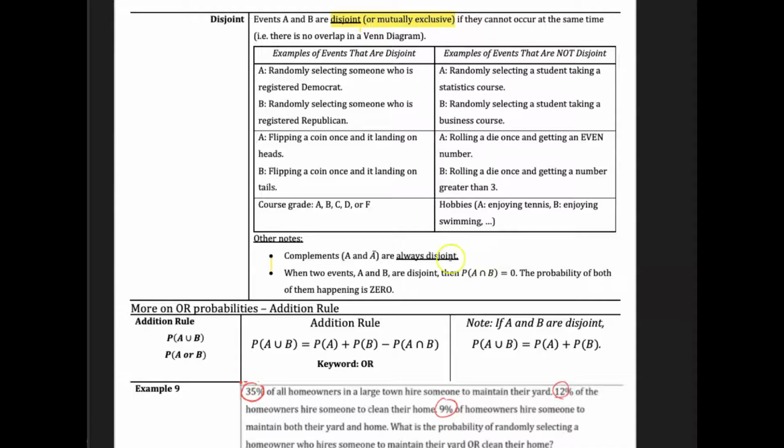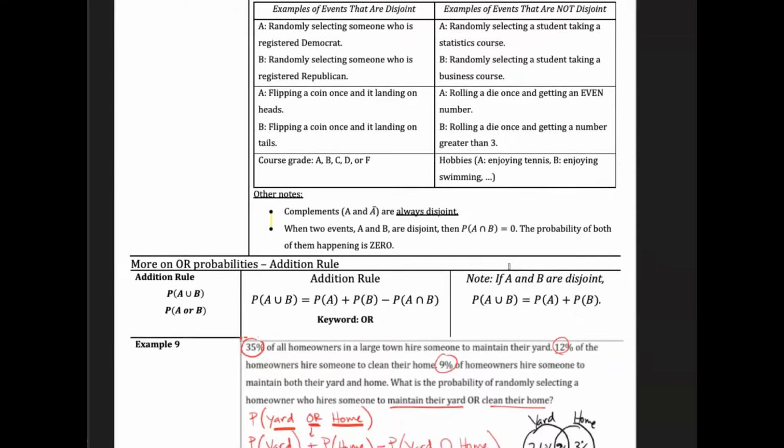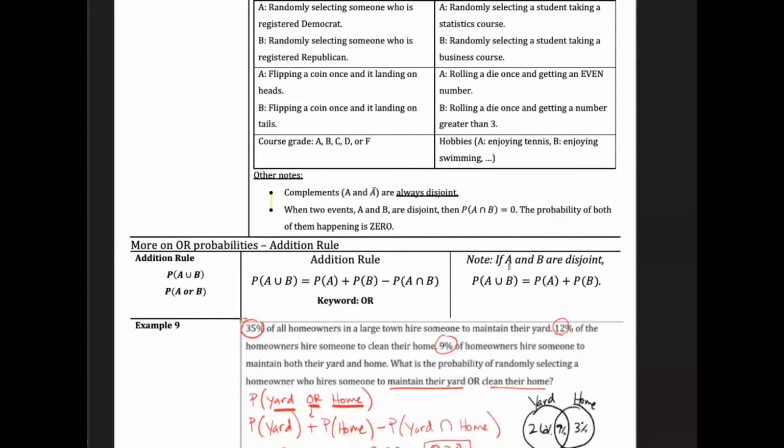Complements are always disjoint. You can't be one or the other: passing a test and not passing, you can't do it at the same time on the same test. If two events are disjoint, then the probability of A intersect B equals 0, because it can't happen at the same time. Both of them happening is 0.